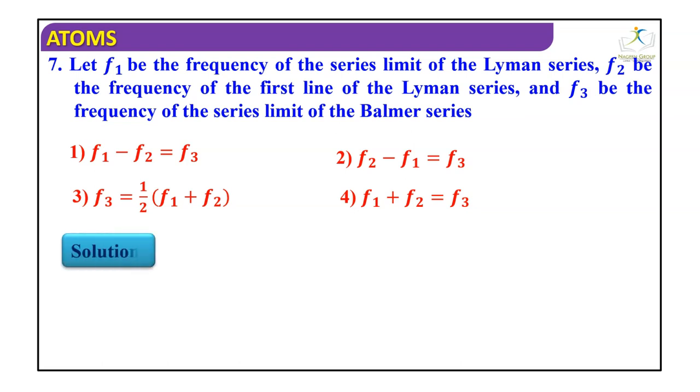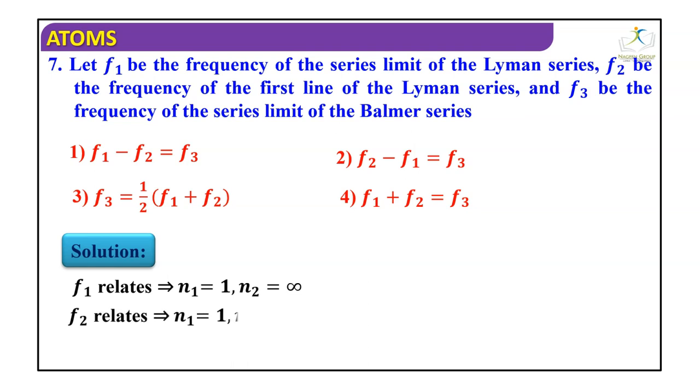Let's move with the solution part, students. F1 relates to n1 equal to 1, n2 equal to infinity, F2 relates to n1 equal to 1, n2 equal to 2, and F3 relates to n1 equal to 2 and n2 equal to infinity. So for that scenario, we can say that F1 minus F2 is equal to F3.